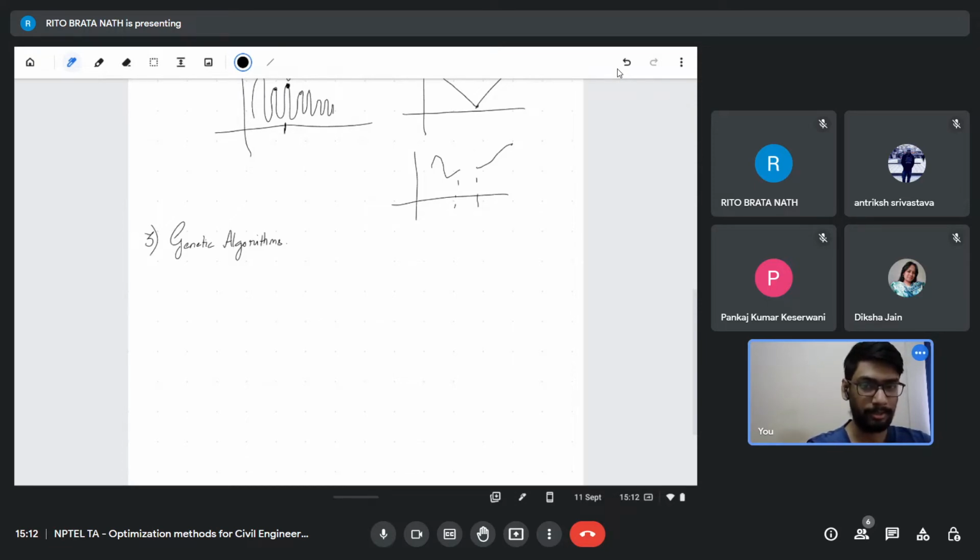So I'm not going into the history or the main background of it. My interest is mostly to discuss the genetic algorithm itself, and also the operators that are involved there. There are no numericals as such in this week's assignment, so let's see if I can take one or two examples and try to solve those by the methods that have been discussed in the class.